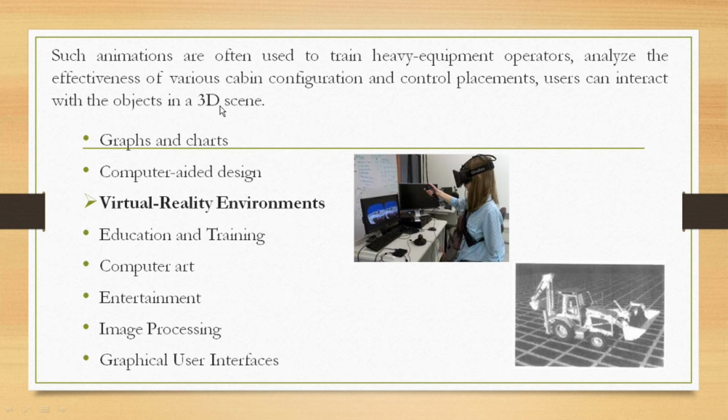Virtual reality environment means it is not a real environment, it is a virtual environment, which will help us to see the working of a particular device, or to take a particular object from a three-dimensional scene. Actually you're not holding that object, but you feel like that object is coming to you, or you're holding it. Virtually they create an environment like that.